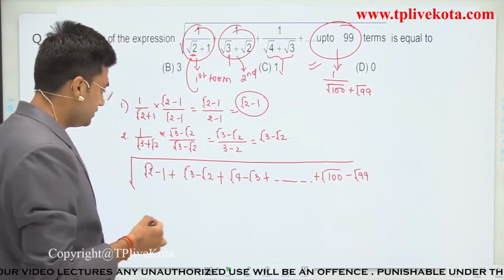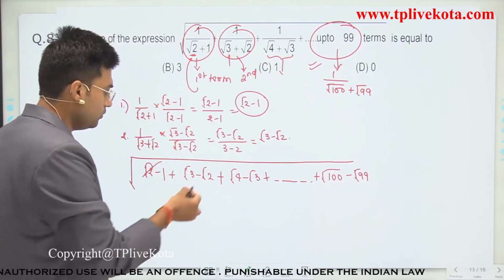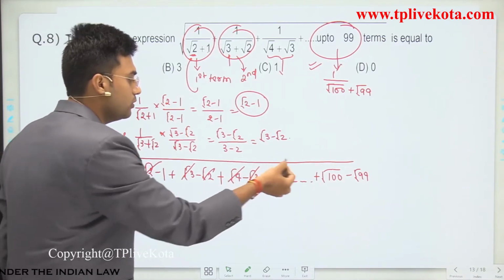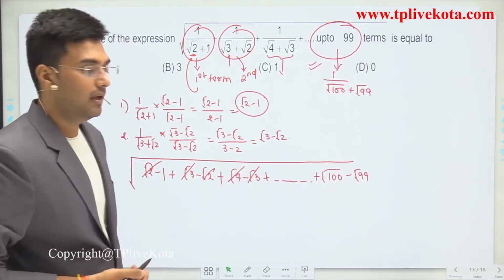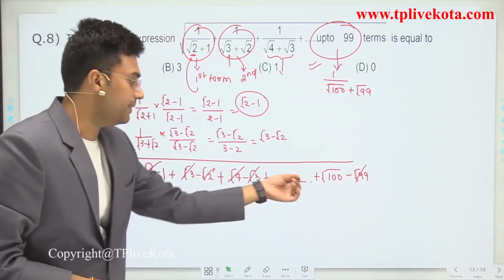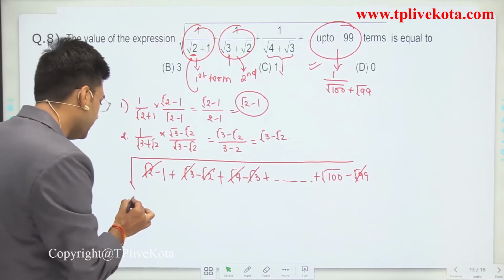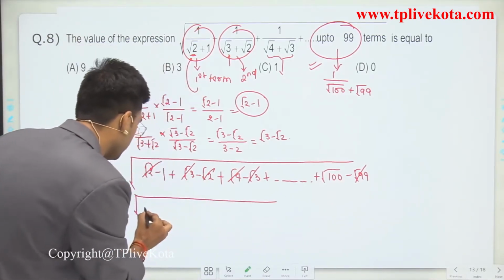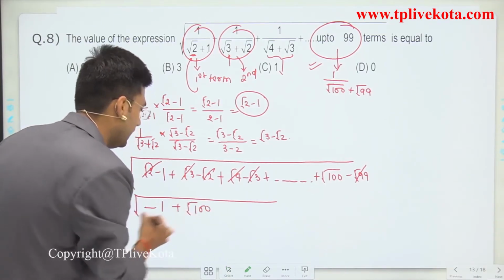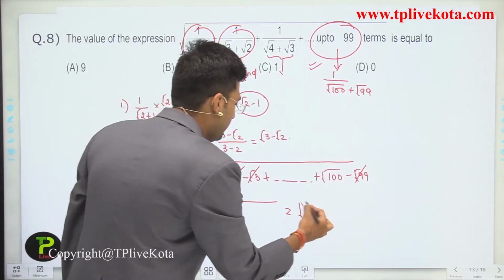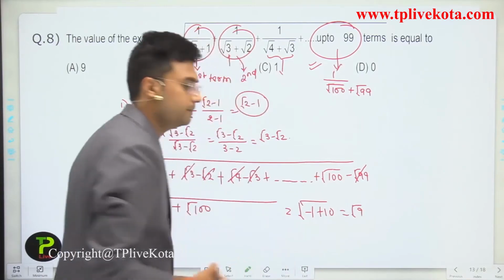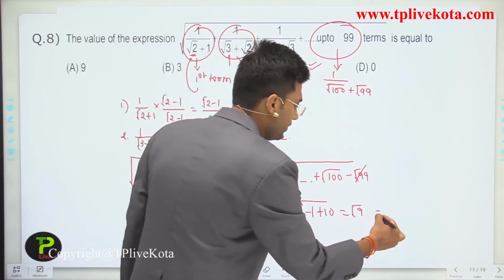Now dear students, we can cancel this root 2 by this root 2, and this root 2 by this root 3, and root 4 is also cancelled out by the next term, and this minus root 99 is also cancelled out by the previous term, and finally we have only minus 1 plus root 100, and when we solve this we will get minus 1 plus 10, and it is equal to root 9, and root 9 is equal to 3.